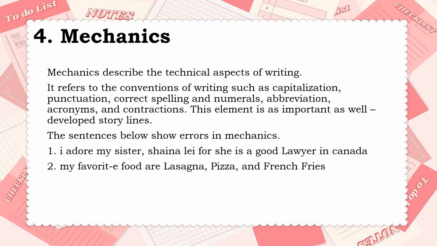For example, the sentence with errors below. "i adore my sister. china Lei, for she is a good Lawyer in canada." What are the errors here? "I" is written in lowercase, which should be uppercase.